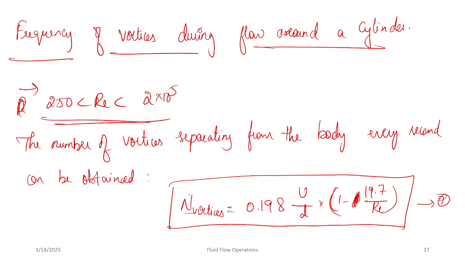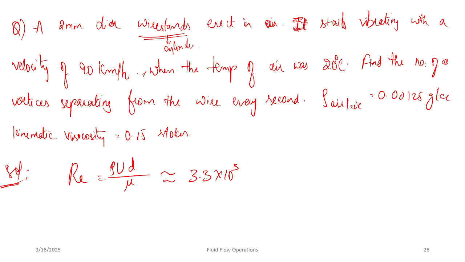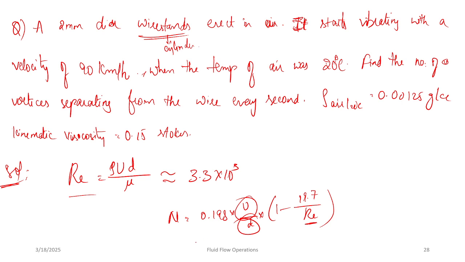This is in the range of 250 to 2 × 10^5, right? So we can apply this equation. The number of vortices n will be equal to 0.198 × U/D × (1 − 19.7/Re). Re we have, U is given and D is given. Just substitute them and you should be getting 2460 as the answer, 2460 cycles per second.